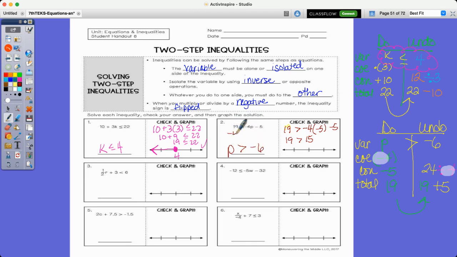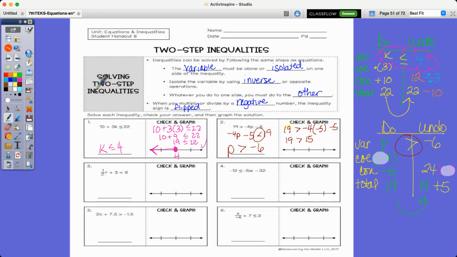I think I would have probably rewritten this like this. Oh, give me 1 second. Negative 6 is less than p, because this gets our p on the right side, because now we can see that the symbol was flipped. And I like that a little bit better.